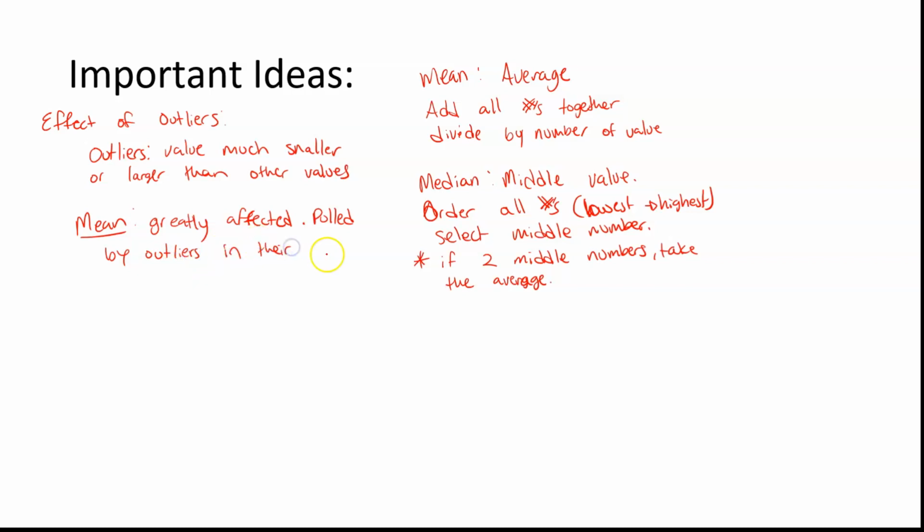So if I have a really small number, my mean is going to shrink, and if I have a really large number, my mean is going to grow. And then our median doesn't really care too much. It's not really affected by our outliers. It's only looking at the middle number, and it is affected much more by the number of values that we have than their size. It may even just stay the same, like ours did.